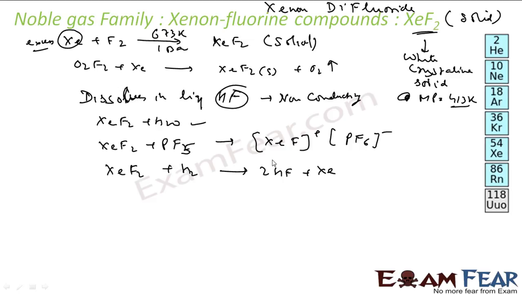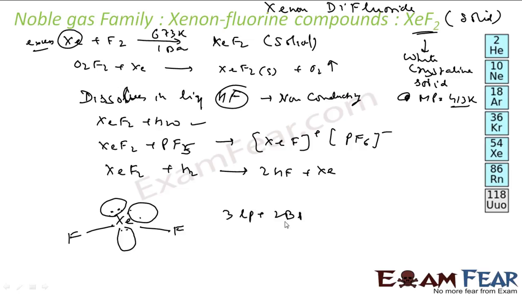If we talk about the structure of XeF2, this is my xenon with 8 electrons. Let's suppose one fluorine is here and another is on the other side. So I have 3 lone pairs plus 2 bond pairs.